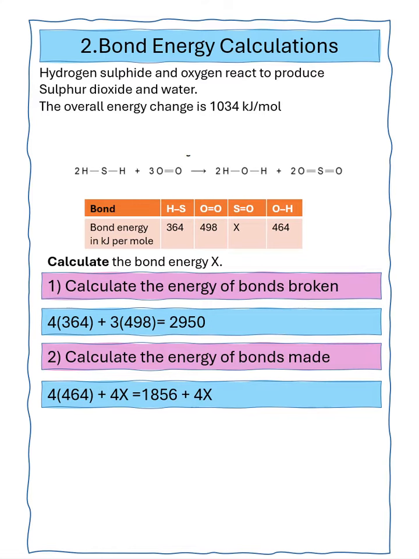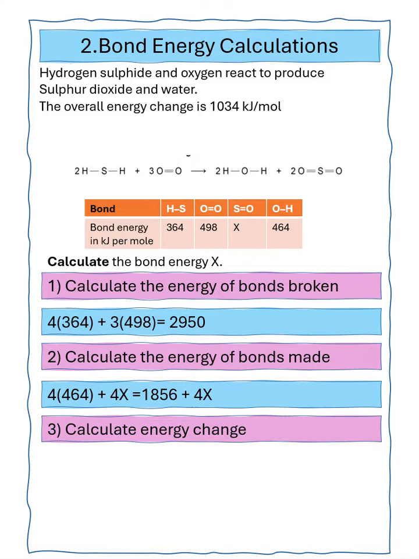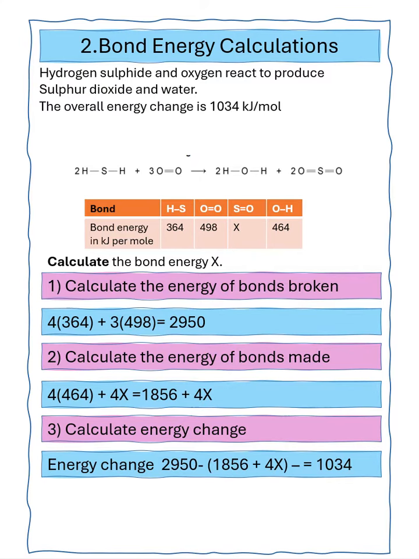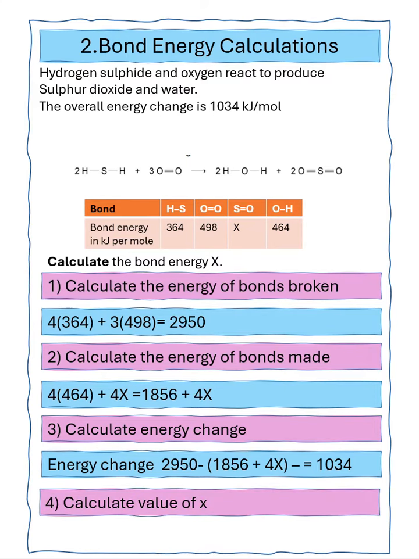So we know the total energy given out when new bonds are made is 1856 plus 4 lots of X. We then calculate the energy change. So we know the energy change is the energy taken in to break the bonds, 2,950, minus the energy given out when new bonds are made. So that's 1,856 plus 4X.